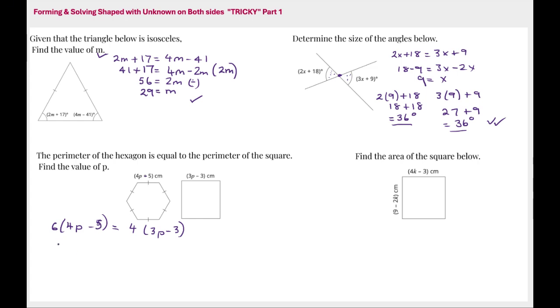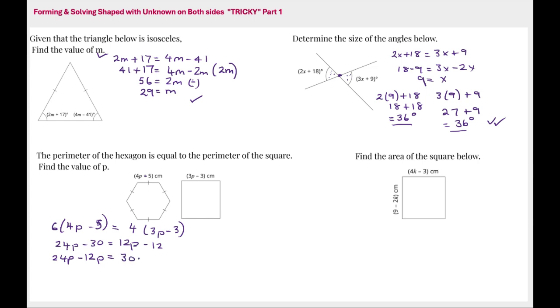Okay, so let's work it out. So that's going to be 24p minus 30 equals 12p minus 12. Nice and simple. And we're going to do exactly the same. So I'm going to take this 12 over. So I've got 24p minus 12p. And then here I'm going to take that 30 over. It becomes a plus.